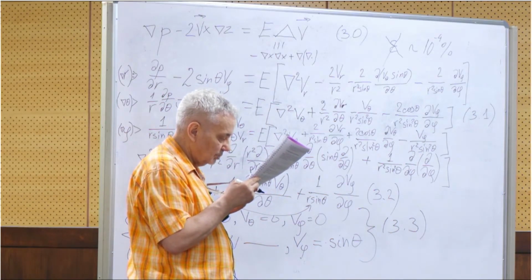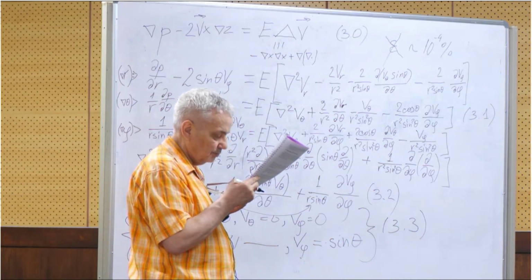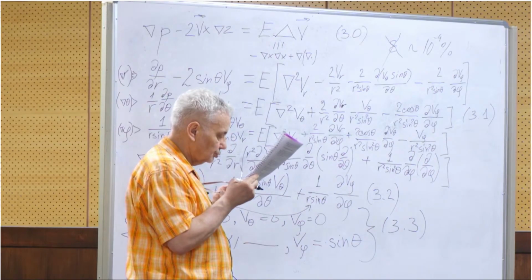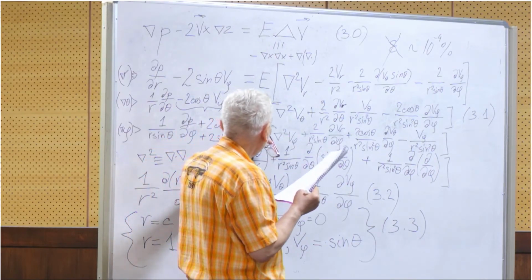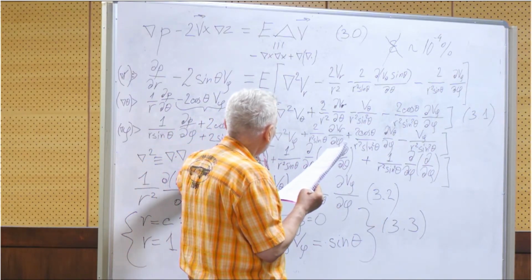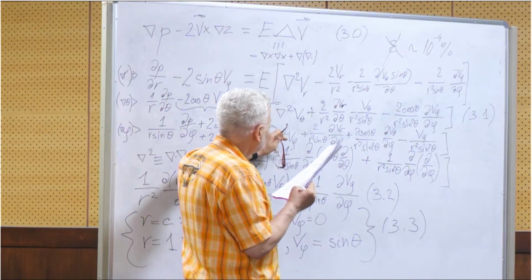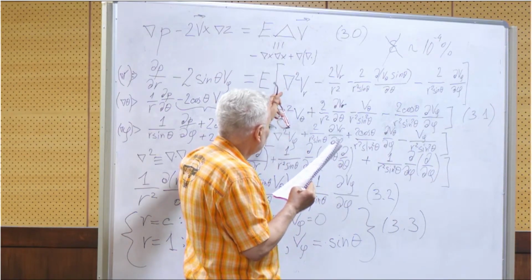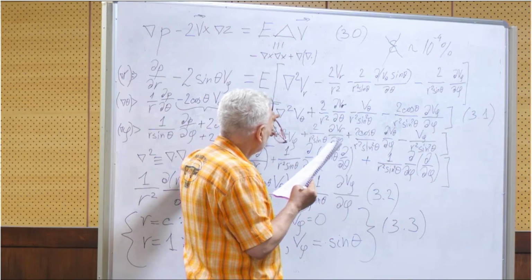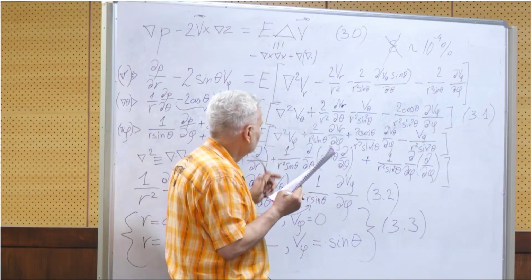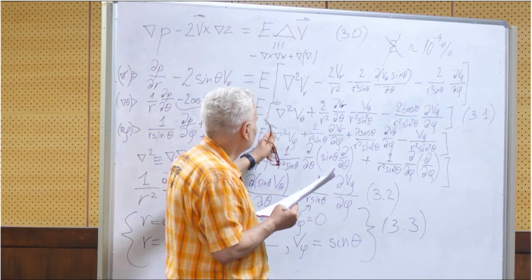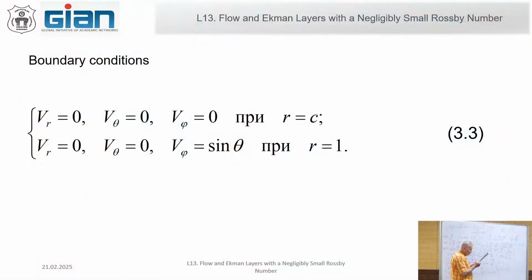The terms describing the viscosity are in the right-hand parts and are proportional to the extremely small Ekman number. So from one point of view, it's proportional to an extremely small number, but from another point of view, it's proportional to an extremely large term which is connected with the second order derivatives in the r direction, as in our case.